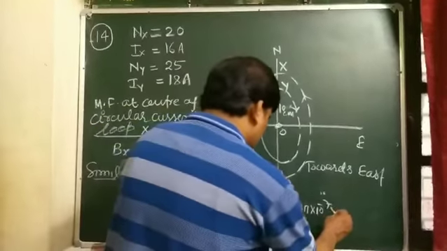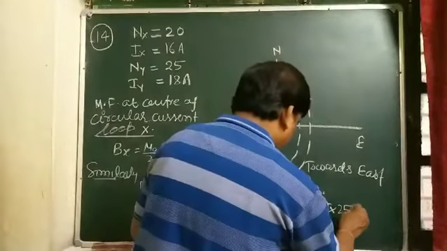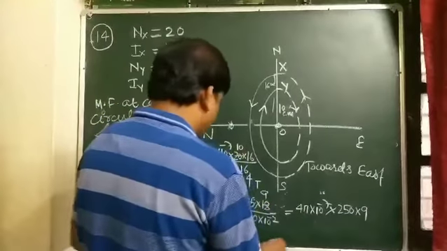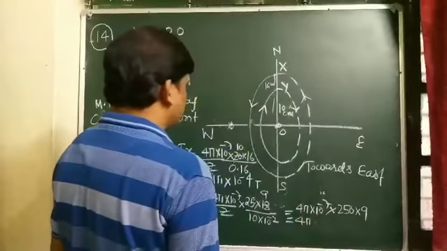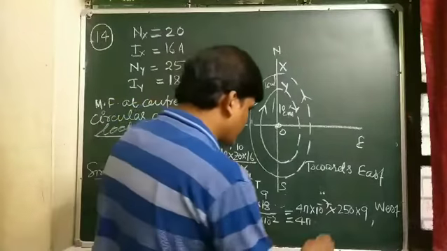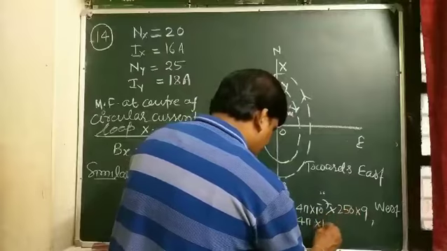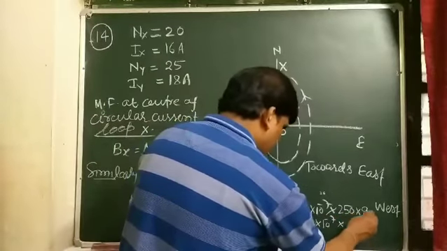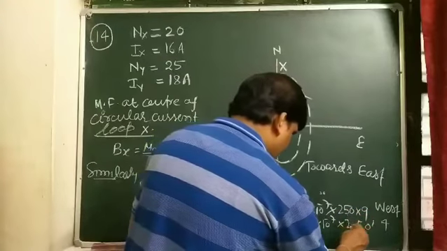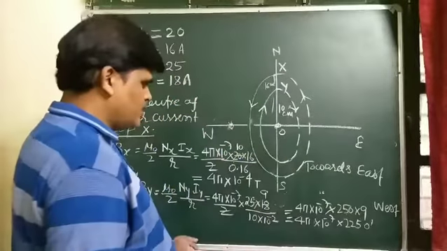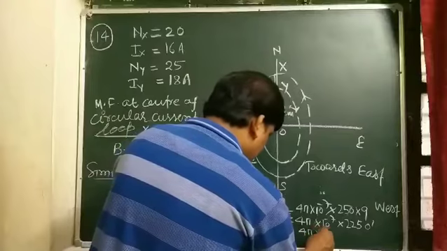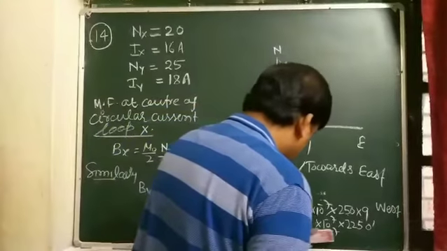It comes out to be 4 pi into 10 to the power minus 7 into 2.25, and by making the power 10 to the power minus 4, it can be written as 4 pi into 10 to the power minus 4 times 2.25.